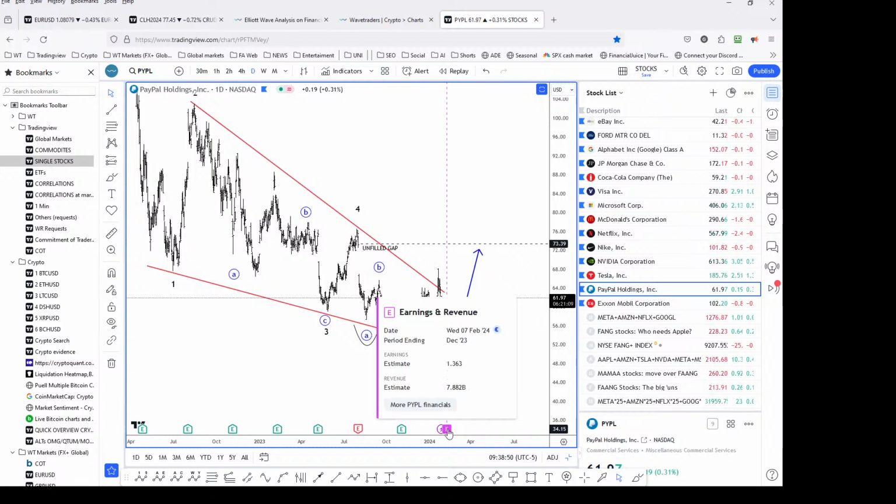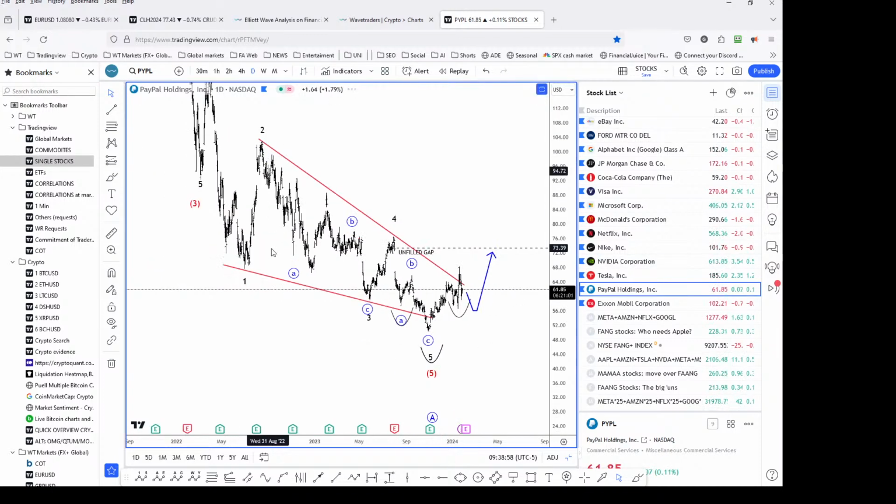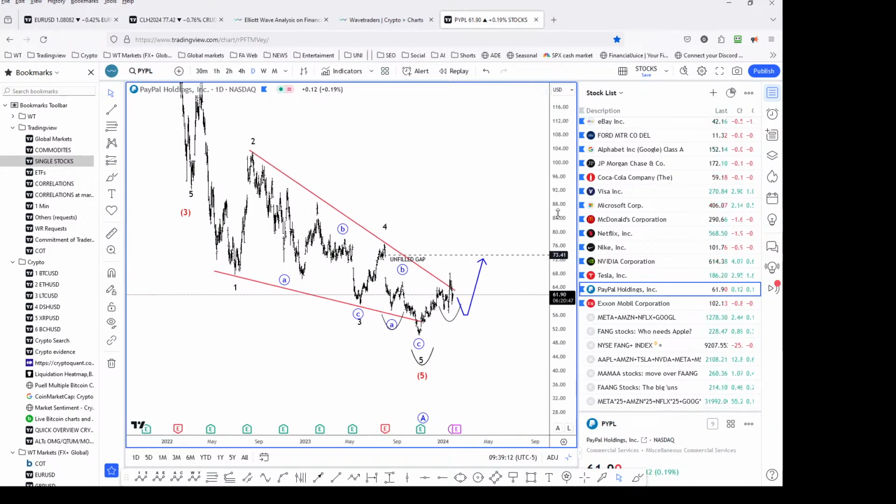Obviously that makes sense because you have earnings coming out in a week or so. So it looks like until then the market could be chopping around, but I still think it's a very nice and beautiful potential ending diagonal that could send us higher, ideally back to this unfilled gap that goes to August 09. So I still think there is a chance for this price to recover.